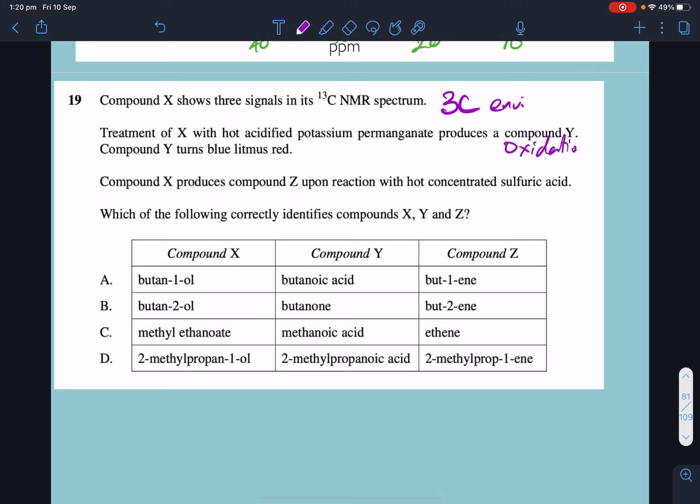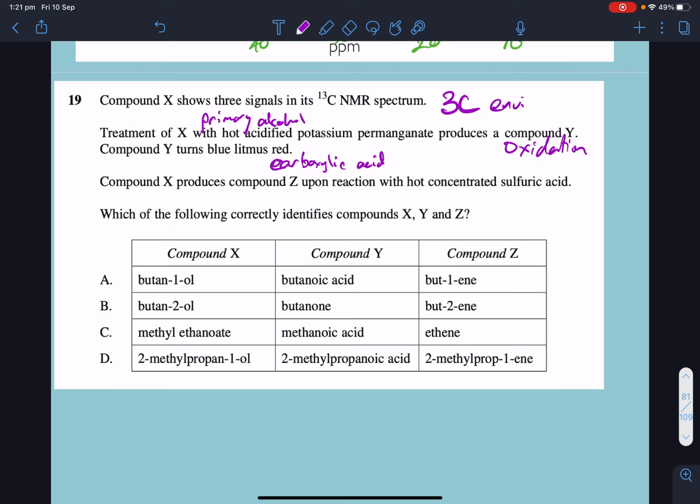Compound Y also turns blue litmus red, so it's an acid, a carboxylic acid. So it started from a primary alcohol. We must have had a primary alcohol with 3 carbon environments.